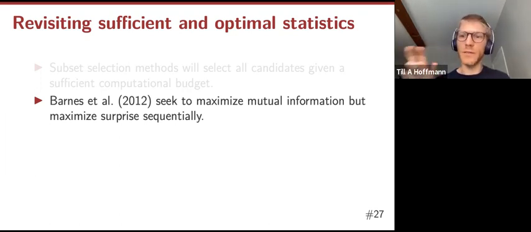We just pick the most informative thing in terms of how much it changes our beliefs. Now, those two approaches, mutual information and maximizing surprise, are the same if the candidate set contains sufficient statistics. But if we don't have sufficient statistics, then this is only equivalent if we're maximizing the expected surprise.